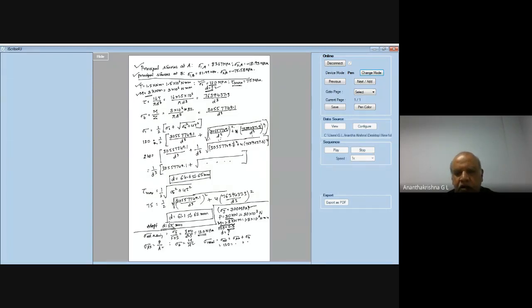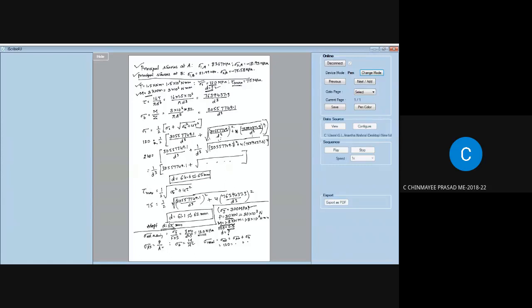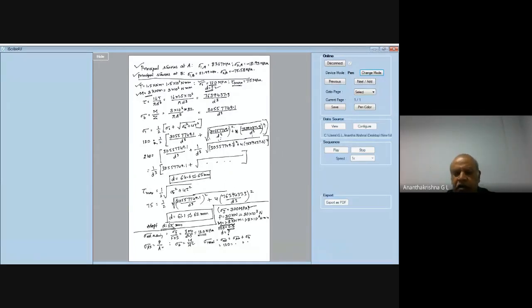Got the clarity? Could you understand? At least one of you please say yes or no. Yes, sir. Fine. Please calculate and let me know the diameter. It is subjected to axial load and bending moment, so the total stress will be equal to the sum of axial and bending stresses, correct?